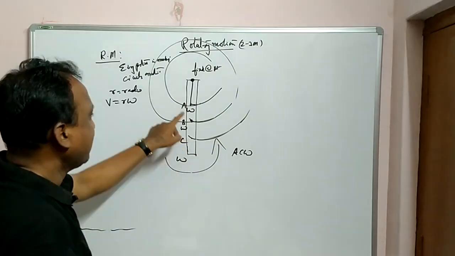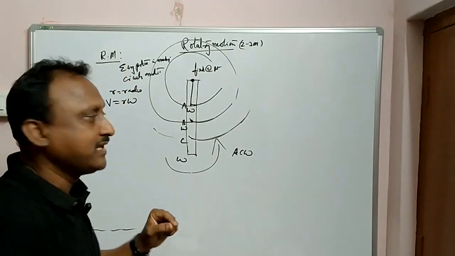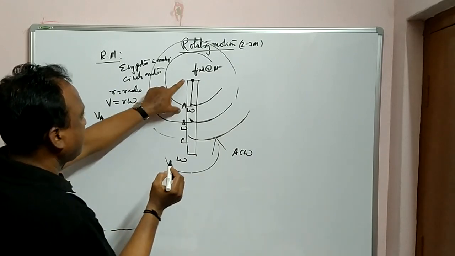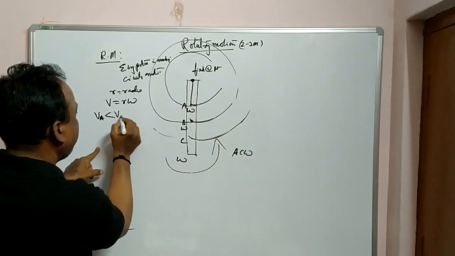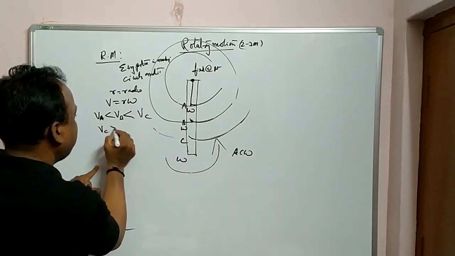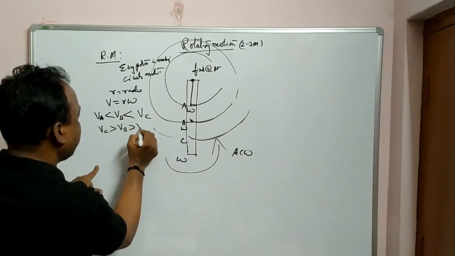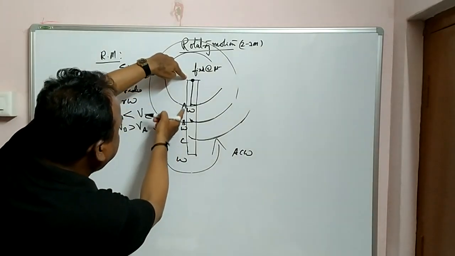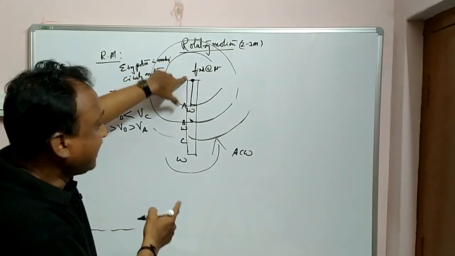Are you following here? In rotatory motion, the linear velocity VA is less than VB, less than VC, or VC is greater than VB, greater than VA, because you can see this length is increasing gradually, and as it goes towards the axis point, it is decreasing.